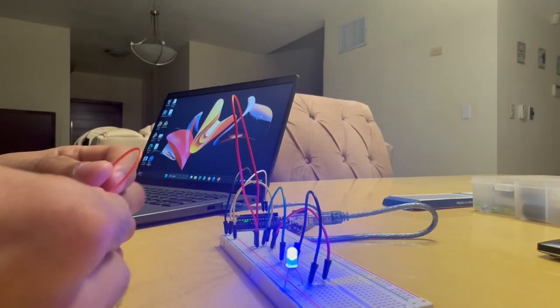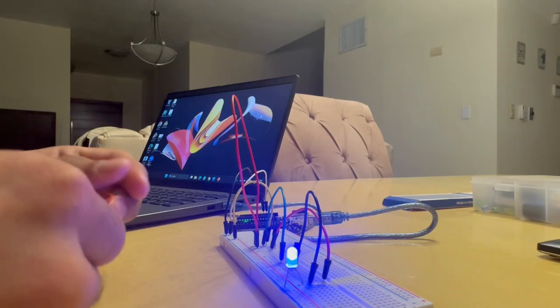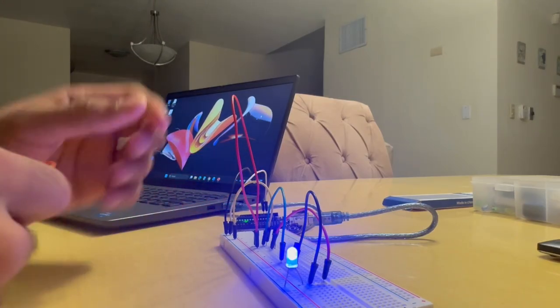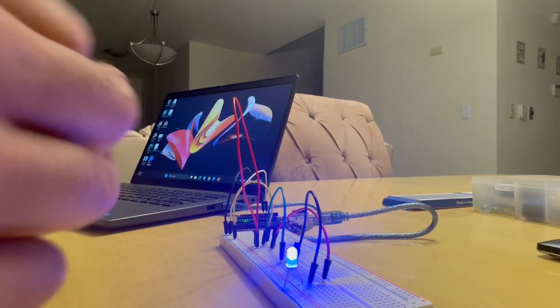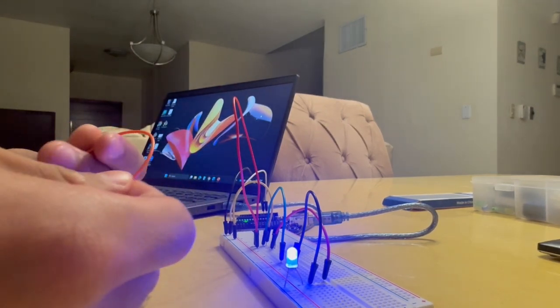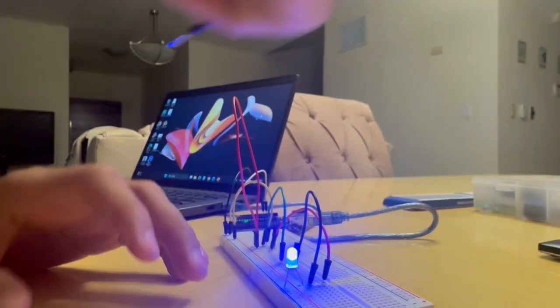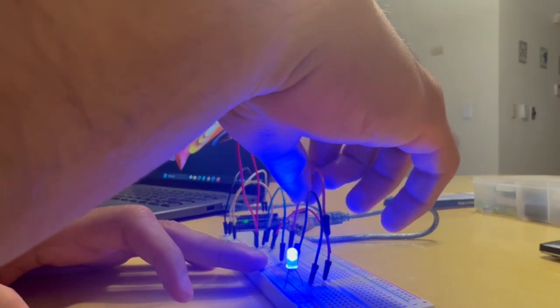So we could either use this switch or this switch in order to power up the whole system. If you take one of the cables, nothing really happens.